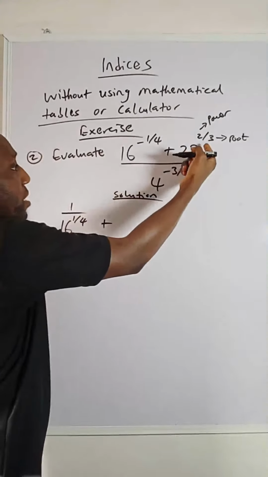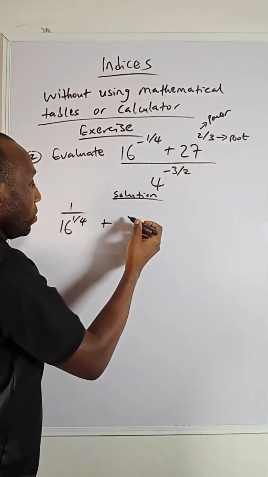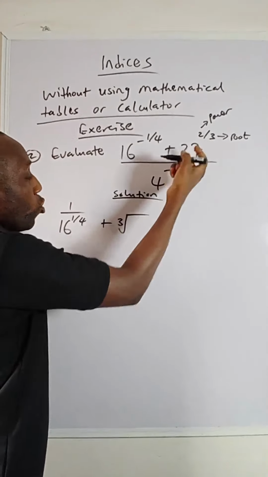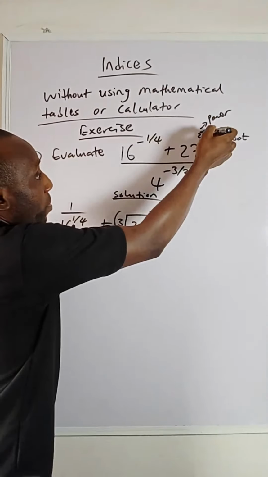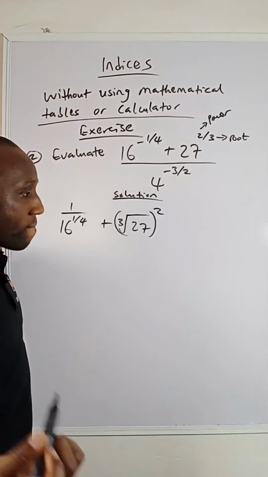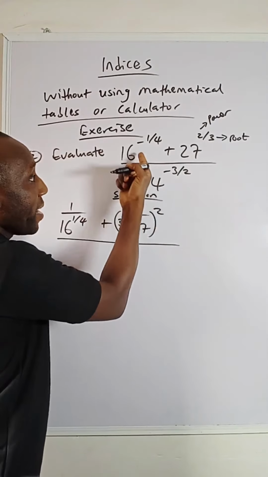Okay, so this is going to be the cube root. This 3 is the cube root of 27, all the way to the power of 2. That's this power here, 2. So all divided by what? This one will do the same thing here, like we did here.